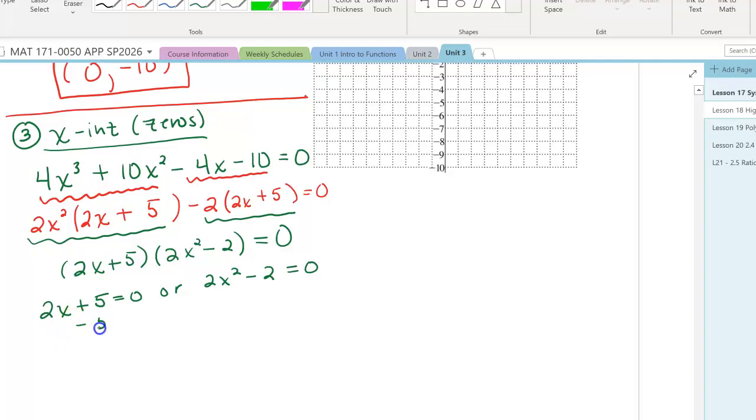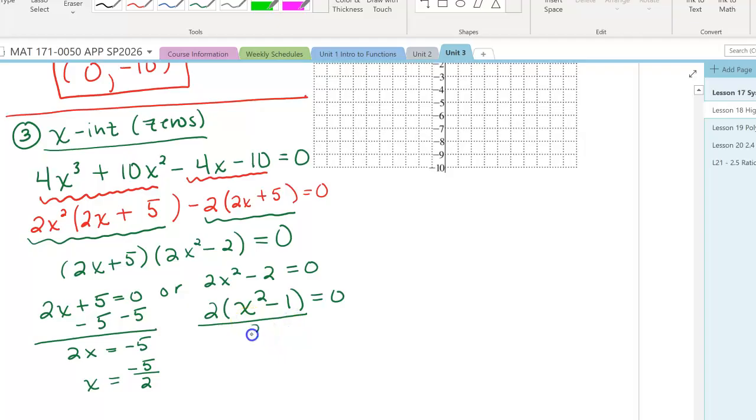If I subtract 5 from both sides, that's going to give me 2x equals negative 5. And then if I divide both sides by 2, I'm going to get negative 5/2. There are several different ways you can solve the other one. I'm going to solve it by first factoring out that 2, and that will leave me with x squared minus 1, because that's 2x squared minus 2.